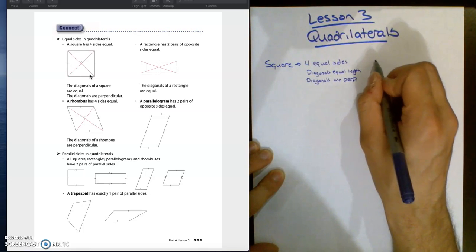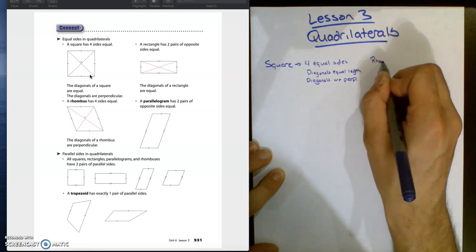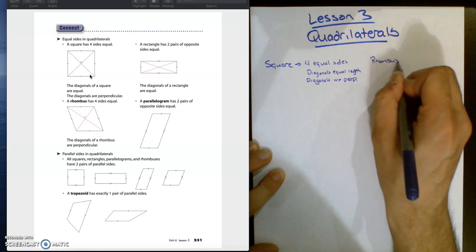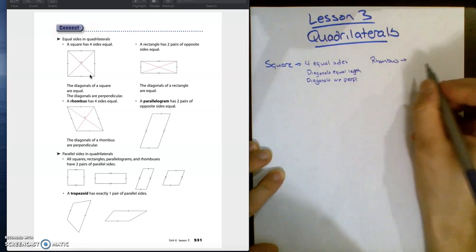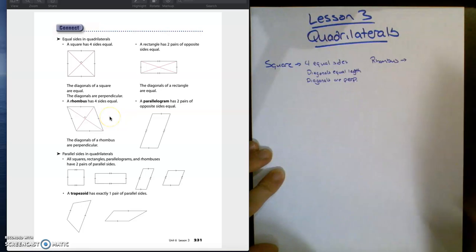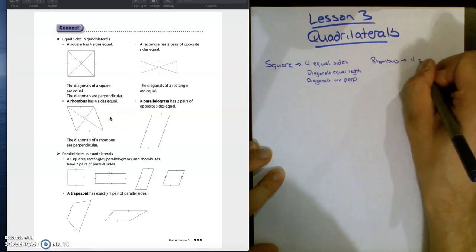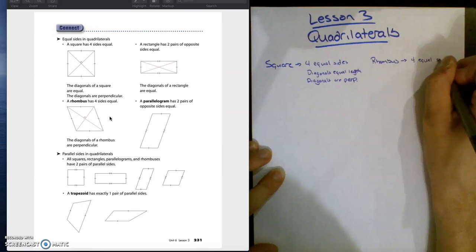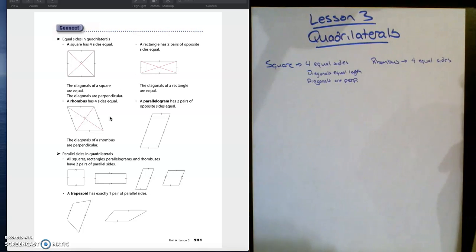I'm going to do rhombus next because they kind of go together. So what makes a rhombus different from a square? If you look at this picture, it's got 4 equal sides as well. Does that mean that a square is a rhombus and a rhombus is a square? Not necessarily, because we have a little bit more to do.